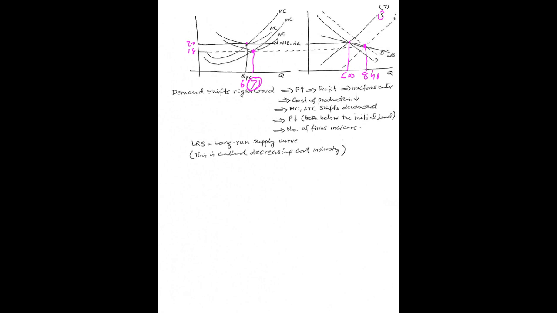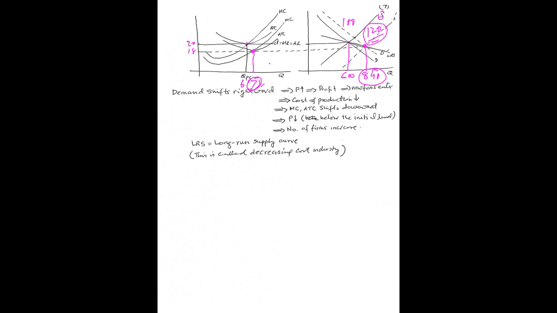So if you divide 840 by 7, what do you get? You get 120. So initially there were 100 firms. Now you have 120 firms. But notice, although there are more firms, each firm is also producing a slightly higher level of output.